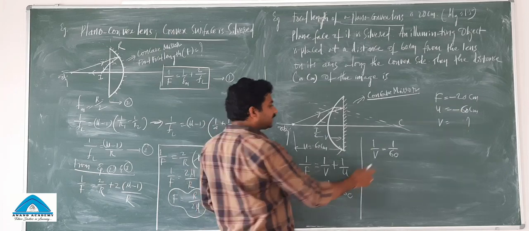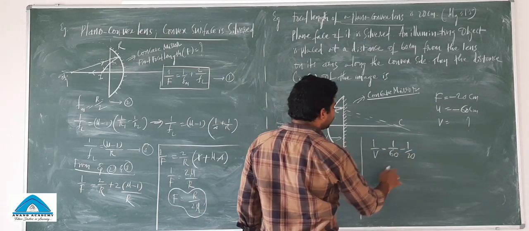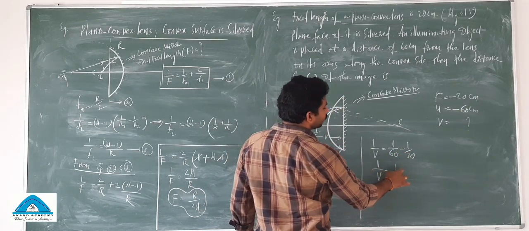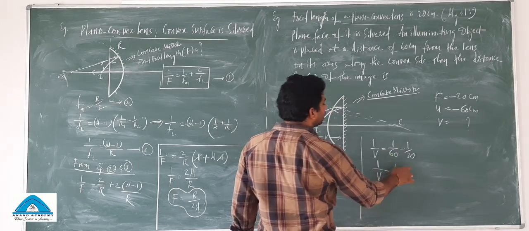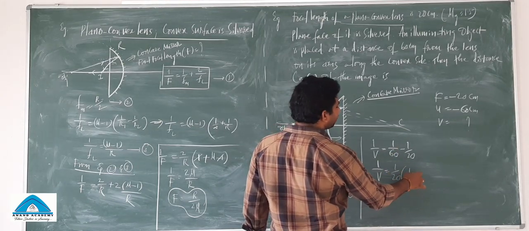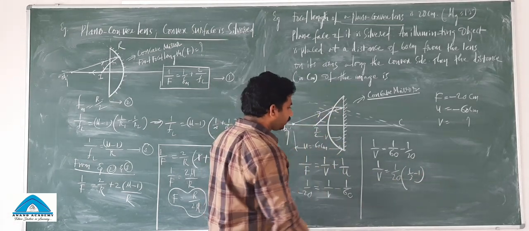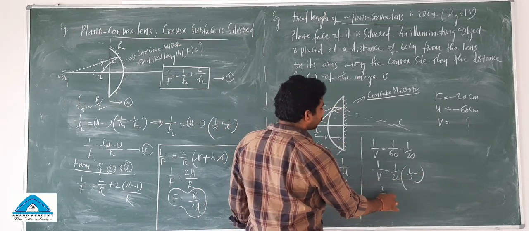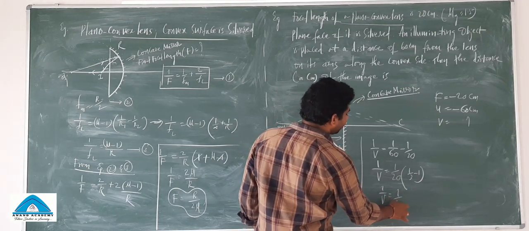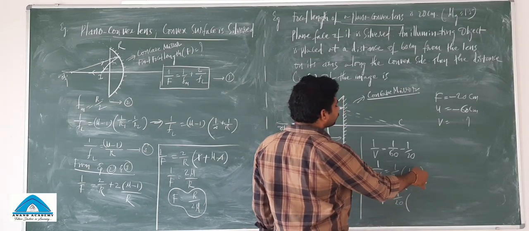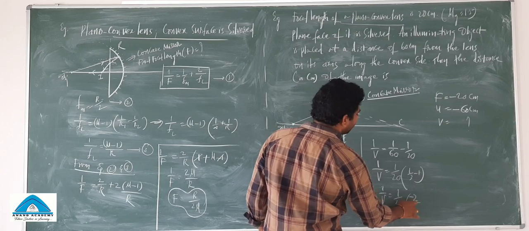If I take 1 by 20 common, you get 1 by 20 into (1 by 3 minus 1), that is 1 minus 3, so minus 2 by 3.